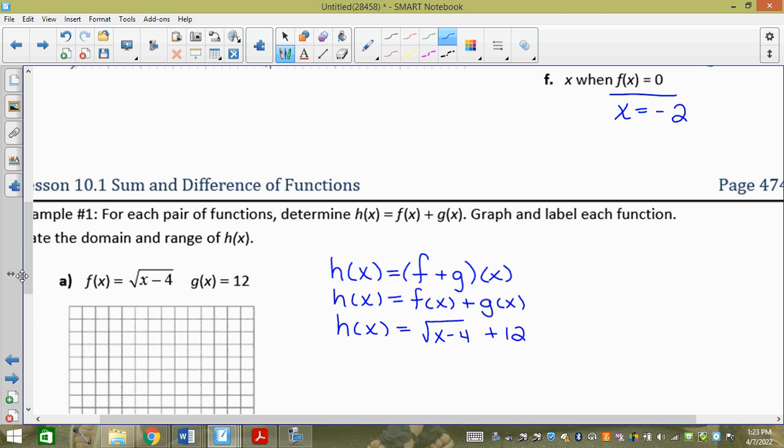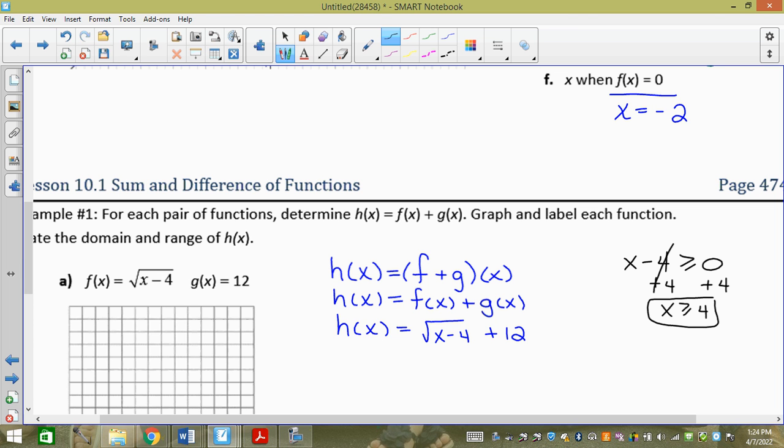I just took what was underneath the square root sign and I did what with it? So what's under the square root is x minus 4. What can't it be? Negative. What's a way of saying can't be negative? It has to equal 0 or greater. So remember we went x minus 4 has to be greater than or equal to 0. Add my 4 over. X has to be greater than or equal to 4.